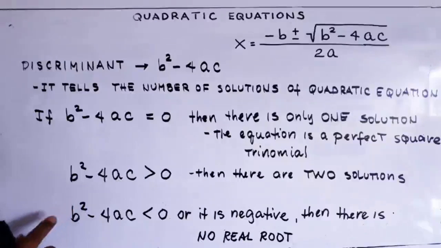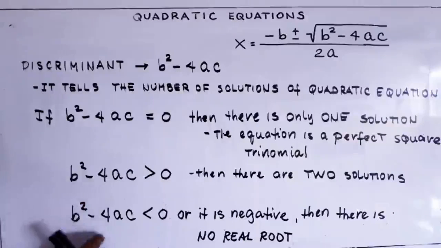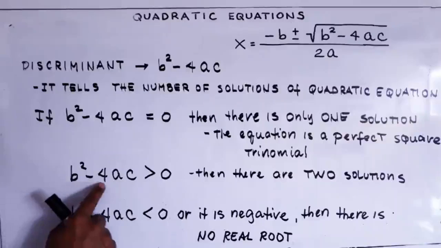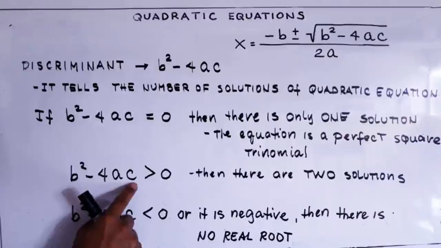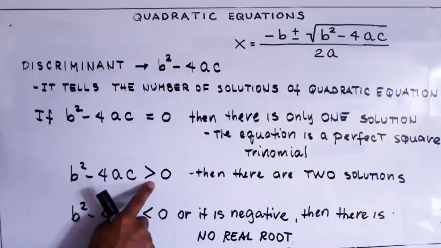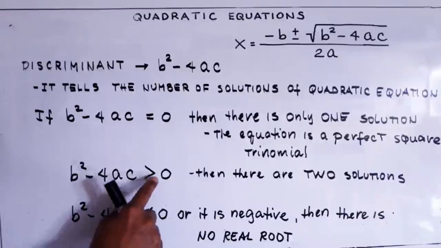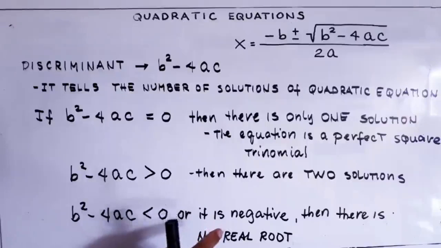If b squared minus 4ac is greater than 0, like 1, 2, 3, 4, 5, 6, then we have two solutions for the quadratic.